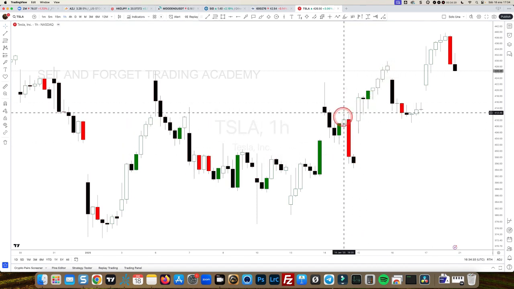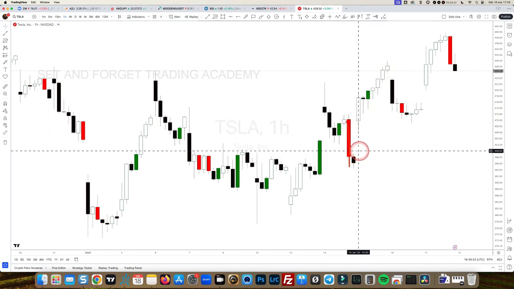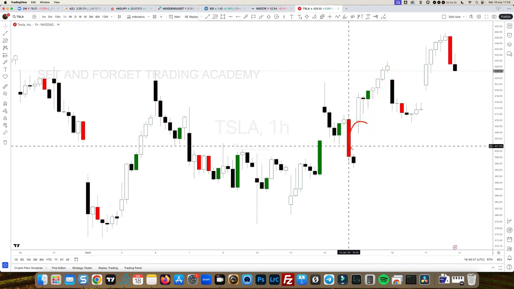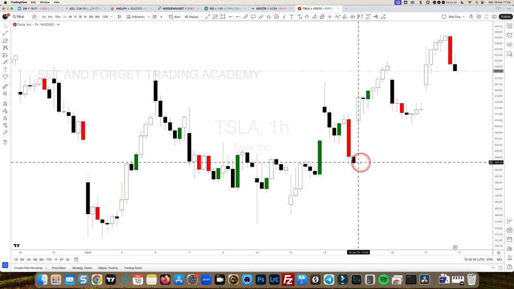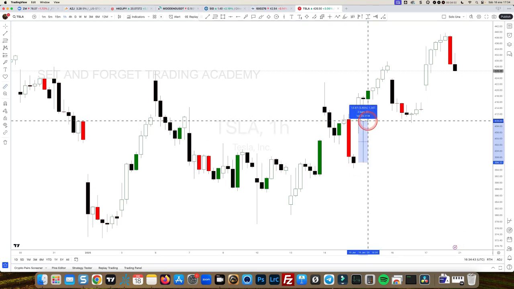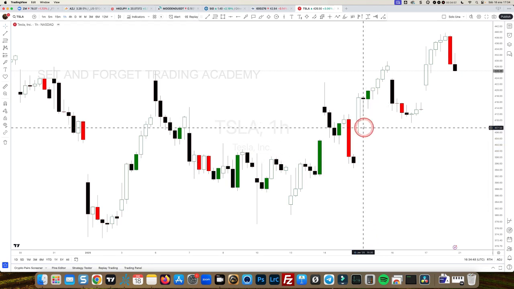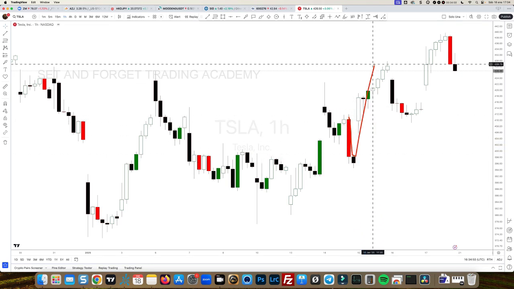So here we've got a drop, base, and a strong rally, including a gap, because the price closed here on that hour, and then the next candlestick, it opened 3.4% higher. Okay, this is a drop-base-rally.